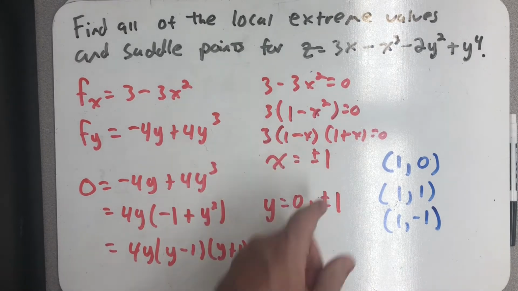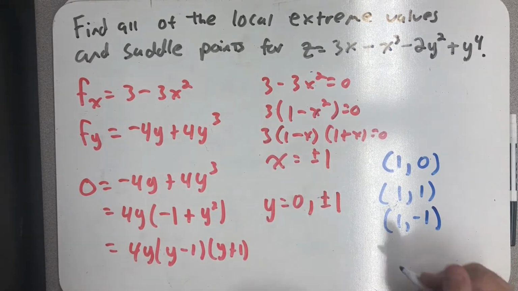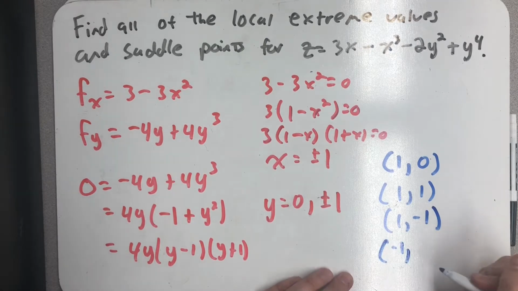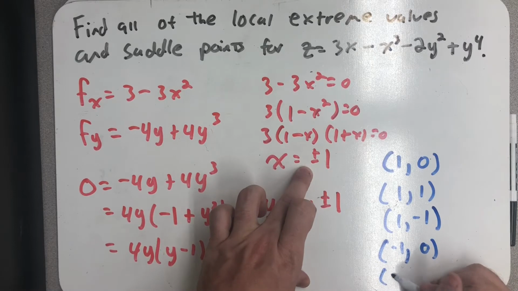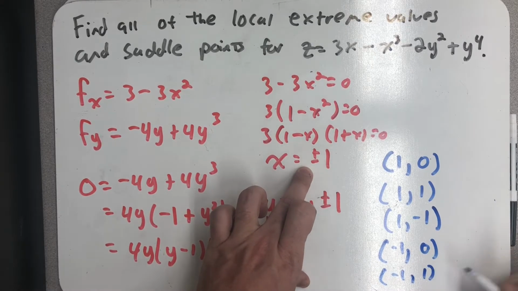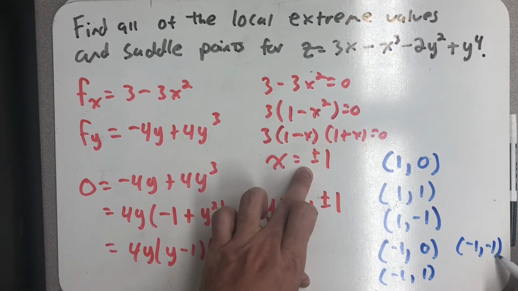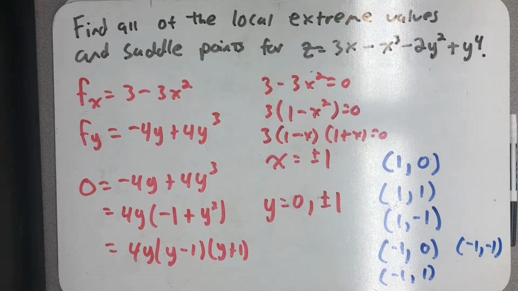Now, I have to do the same thing for minus 1. (-1, 0) is a critical point. (-1, 1) and (-1, -1). All of these are critical points.